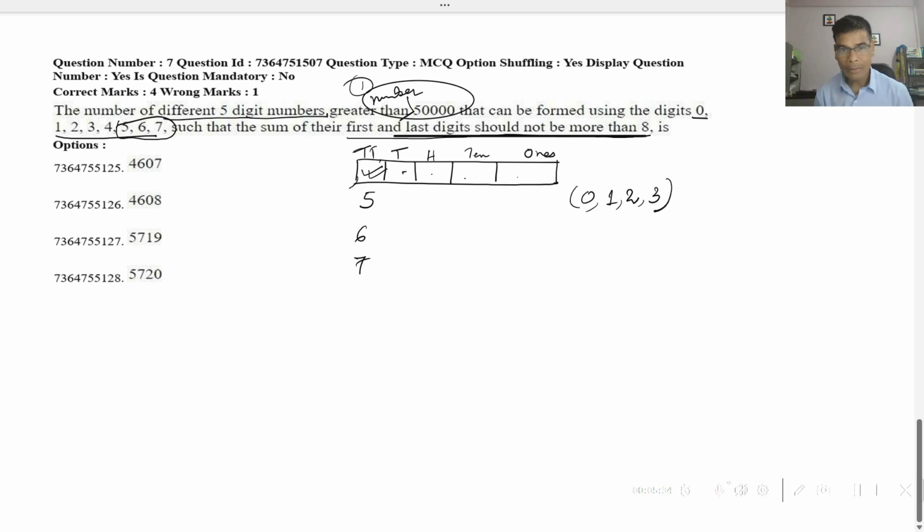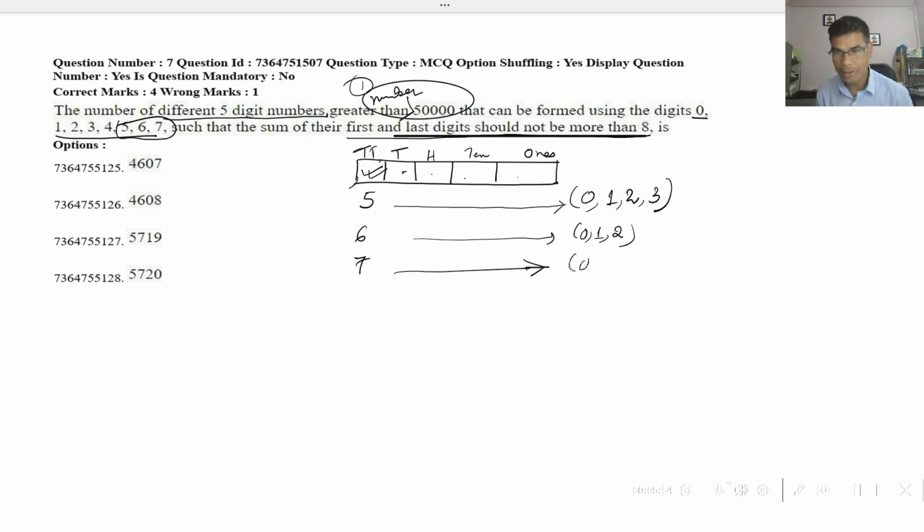Similarly, if your 10,000 place is 6, then your unit digit can be 0, 1 or 2, and if your 10,000 place is taken by 7, then your unit digit should be 0 or 1.